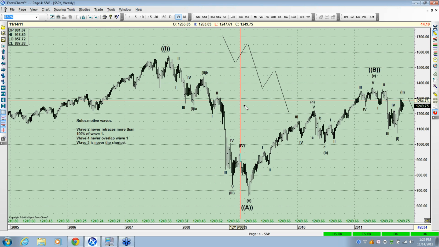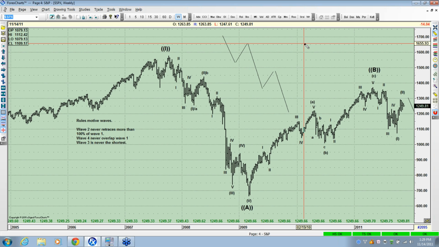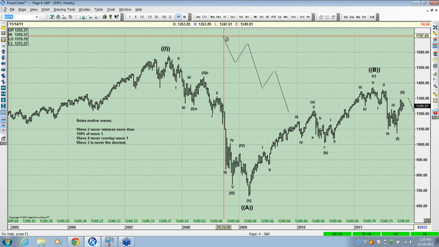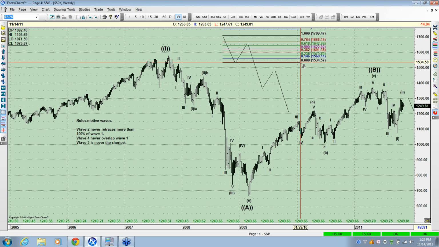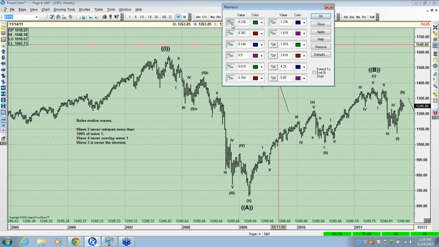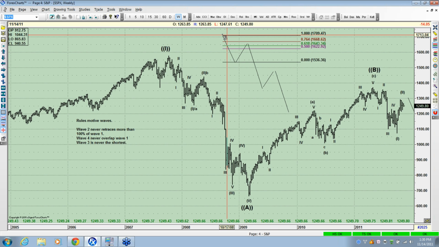So I'm going to talk in general, and the same applies here. Wave 2 retraces to the following levels. All you need to do after seeing 5 waves is trace the Fibo of the complete cycle.